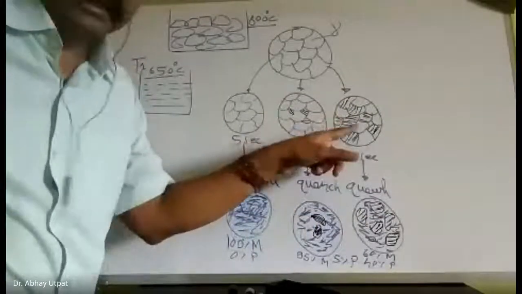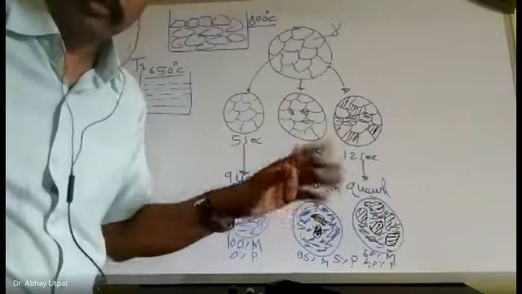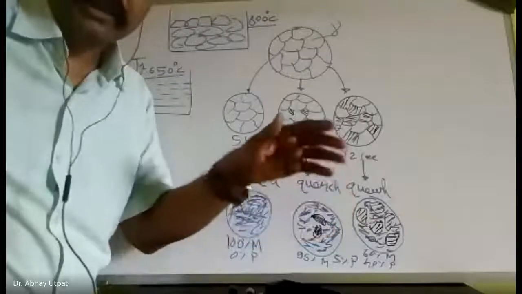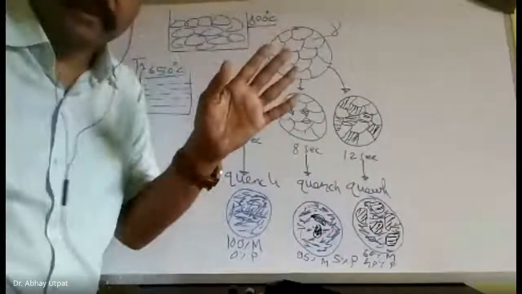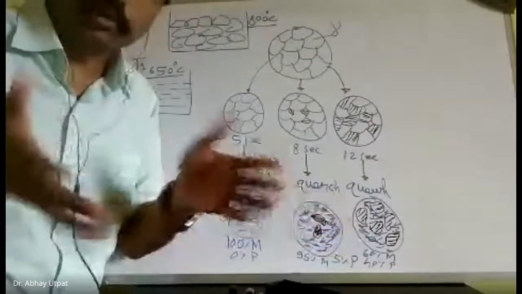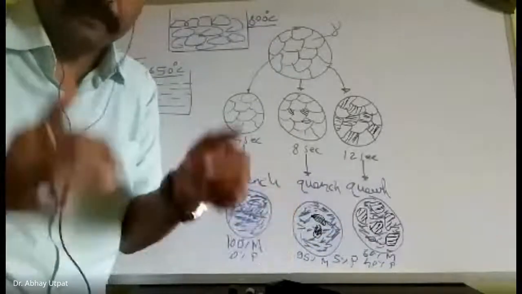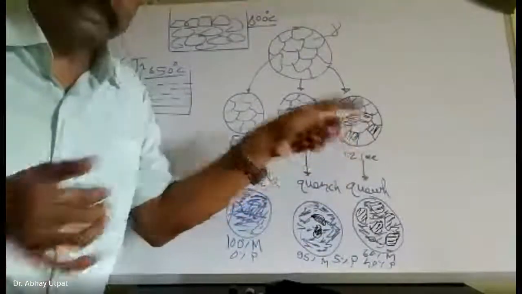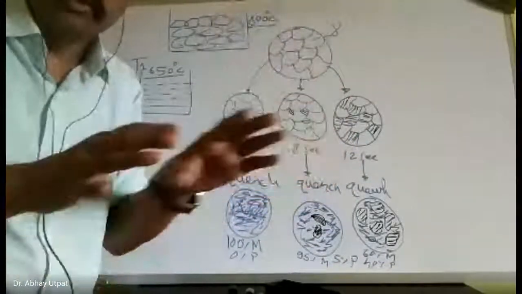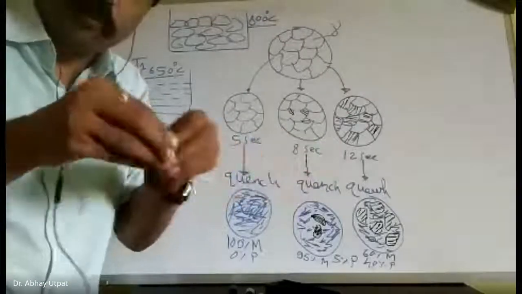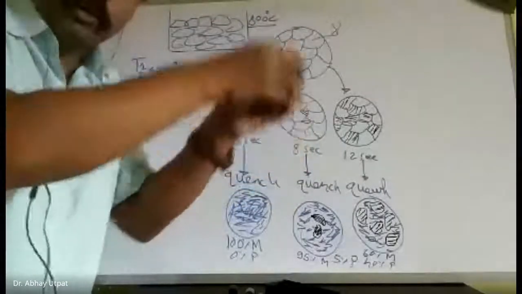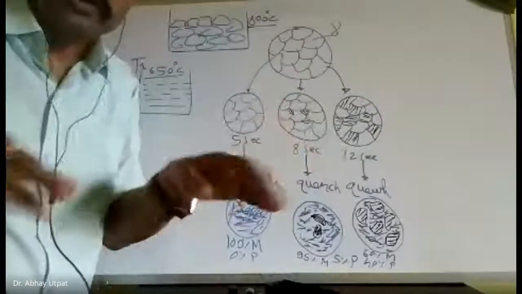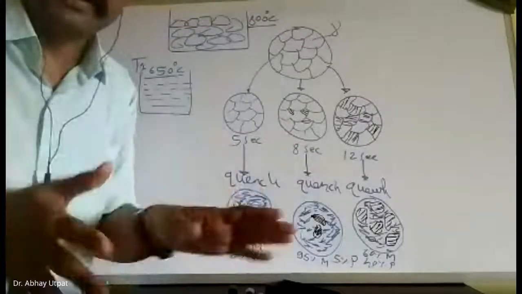Then the remaining 60% austenite you cooled so fast that the FCC became BCT; it did not get time to become BCC plus orthorhombic. I repeat once again, for the remaining 60% austenite you have not given time for movement of the atoms and directly you have taken and dipped it into water, so that will form martensite.